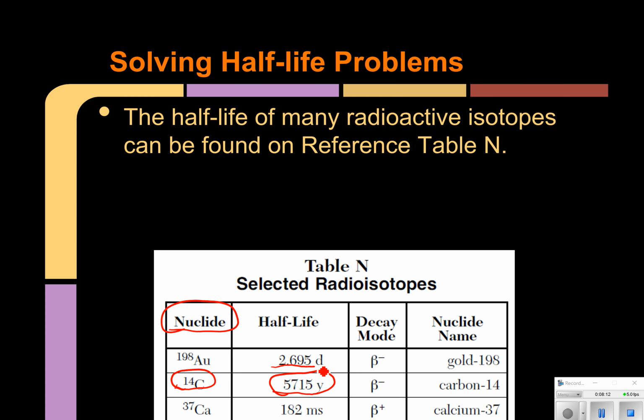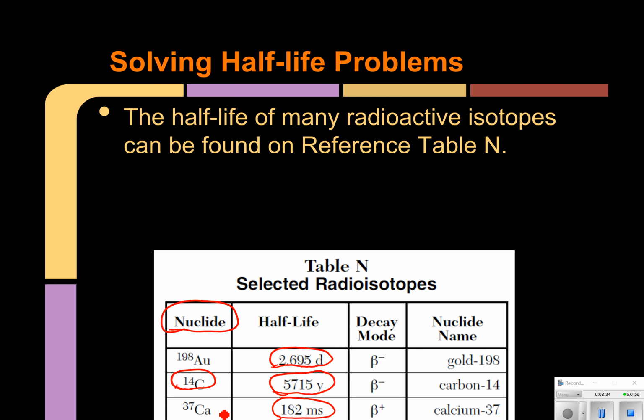Gold-198 has a much smaller half-life, 2.695 days. And calcium-37 has an even smaller half-life. So this is much more unstable compared to carbon-14, considering its half-life is significantly shorter.